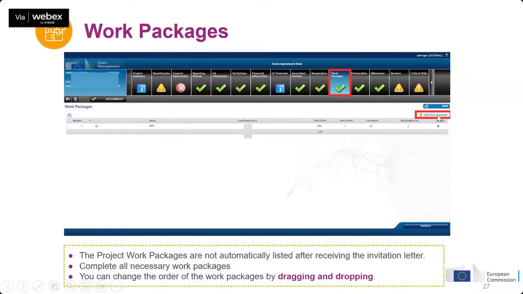You will be able to add work packages, and you should not worry about the order in which you enter them, because you will be able to change the order by dragging and dropping the work packages, and the number will also change automatically.